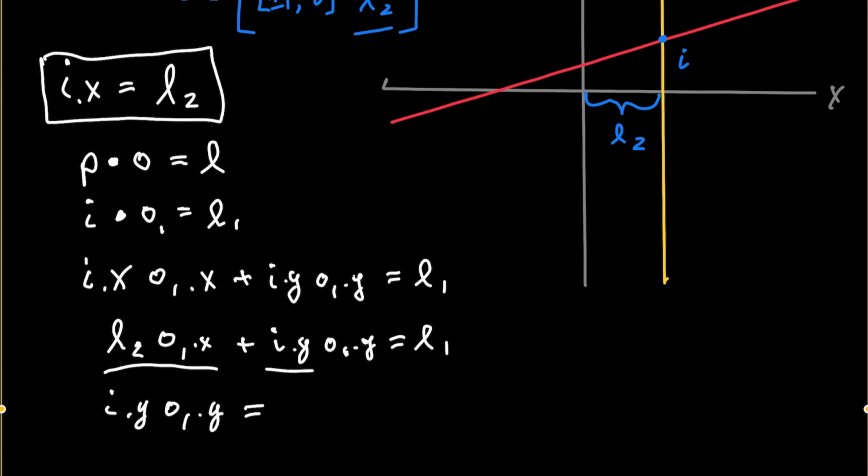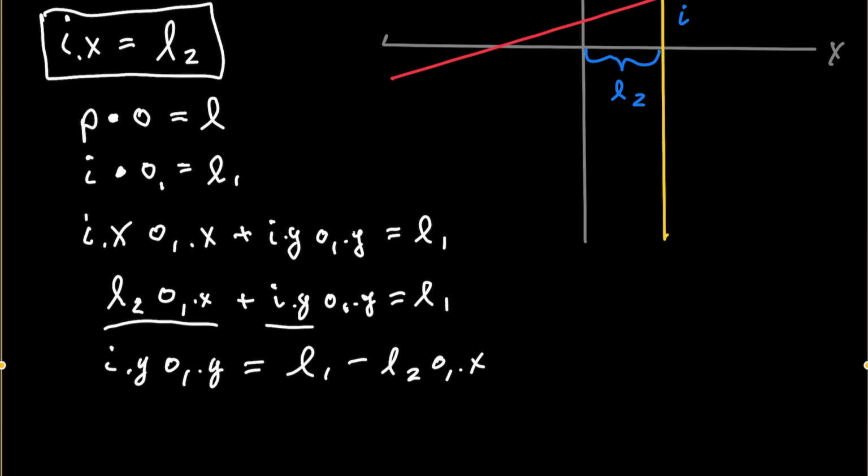We're moving the other thing, so we'll have L1 on the right side minus the thing we subtracted, L2 O1 dot x. Okay? And we're almost there. We just have one more step. So we just divide both sides by this thing.